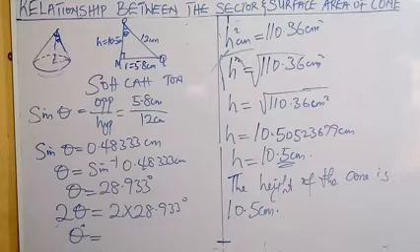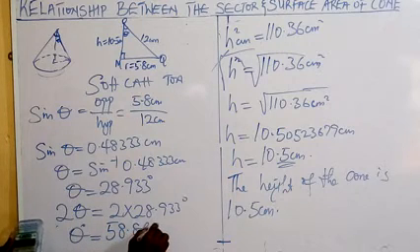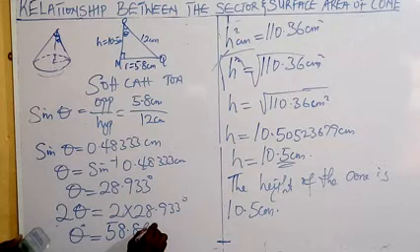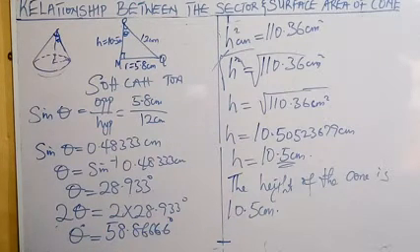2 multiplied by 28.933. That is 57.866. All right, don't forget they said we should leave our answer to the nearest degree.